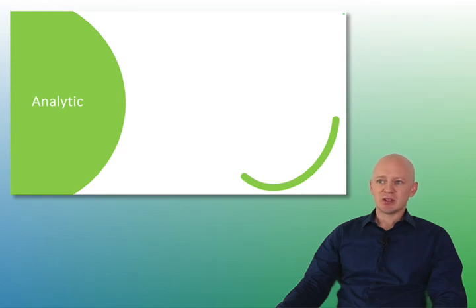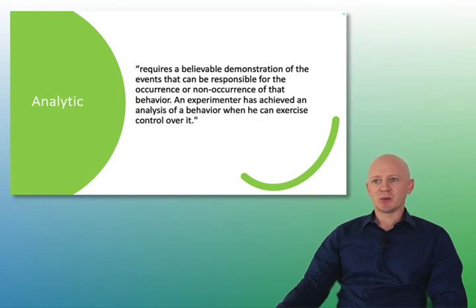The analytic dimension, as outlined by Baer, Wolf, and Risley, requires a believable demonstration of the events that can be responsible for the occurrence or the non-occurrence of the target behavior or the behavior of interest. In this instance, an experimenter has achieved an analysis of behavior when they can exercise control over it.